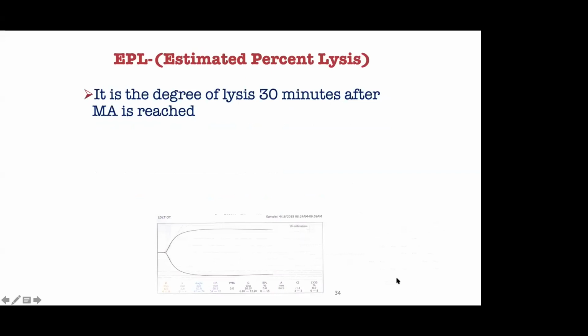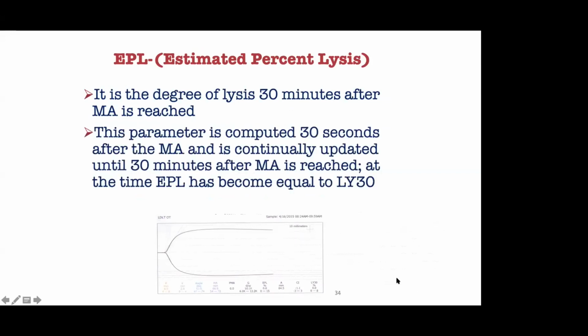Expected percent lysis, that is estimated percent lysis, is the degree of lysis 30 minutes after the MA is achieved. In this trace it is 0, so at 30 minutes there is no clot lysis in this trace. The parameter is computed 30 seconds after MA is achieved and is continuously updated until 30 minutes after MA is reached.